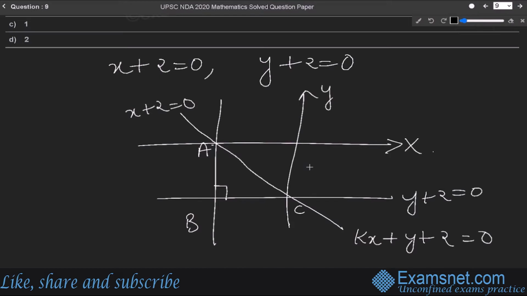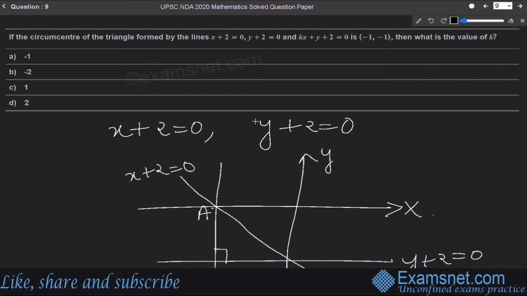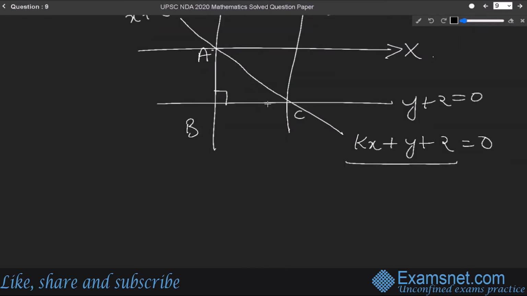So the circumcenter, the point (-1, -1) which is given in the question, should lie on the equation kx plus y plus 2. We know that it won't lie on y plus 2 equals 0 or x plus 2 equals 0.